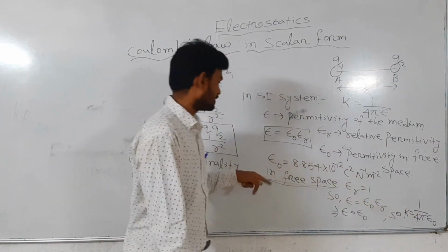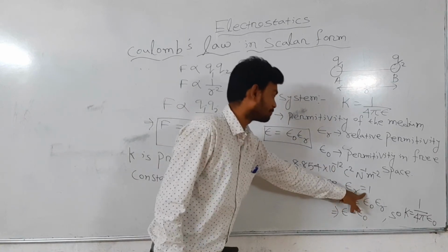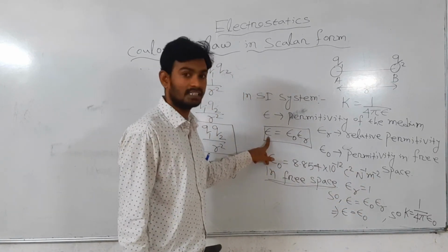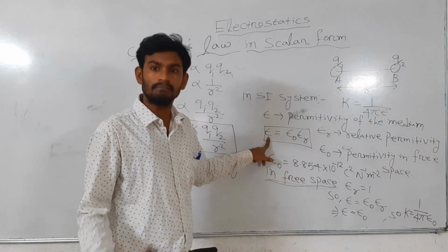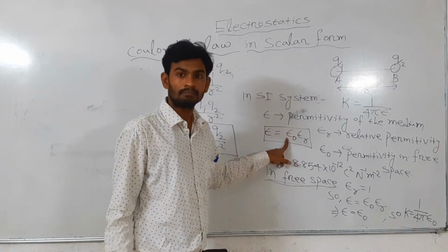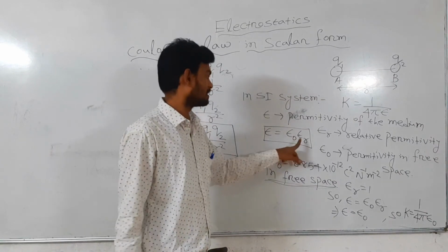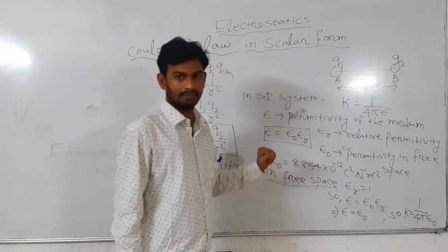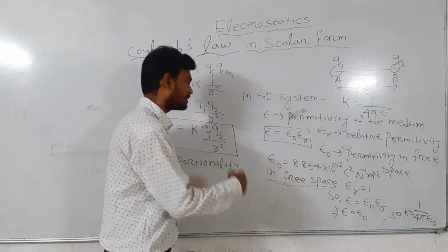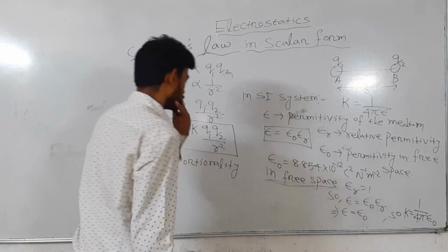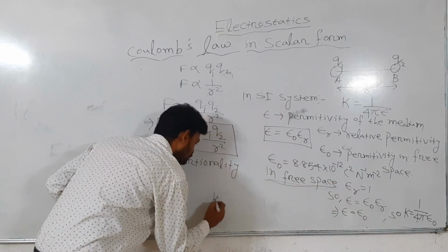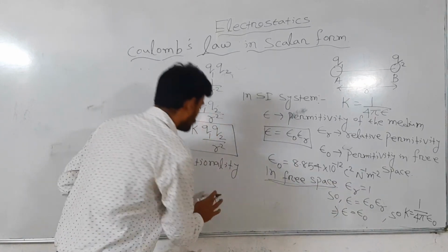Epsilon relative permittivity in free space is 1, and epsilon is the permittivity of the medium. Epsilon 0 is the permittivity in free space. Epsilon r is the relative permittivity. We have to remember all these values. Now you have to remember the value of 1 by 4 pi epsilon 0.